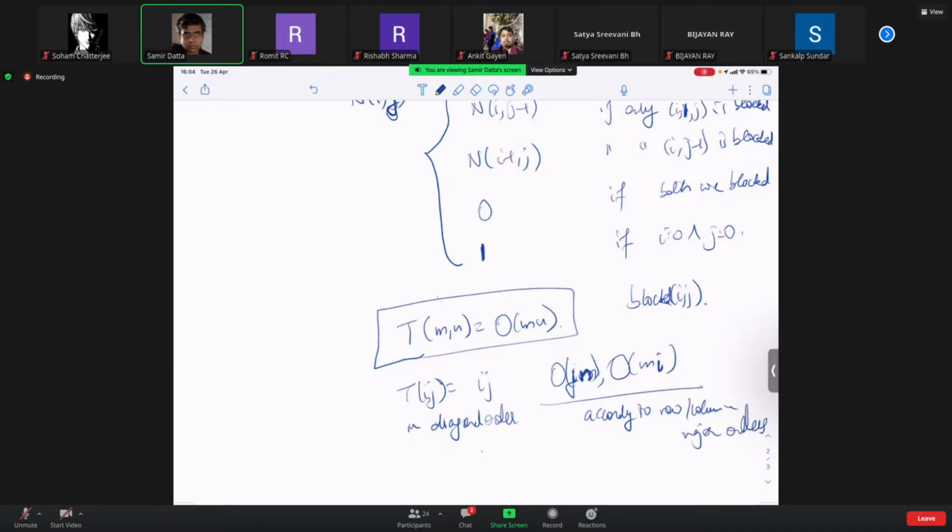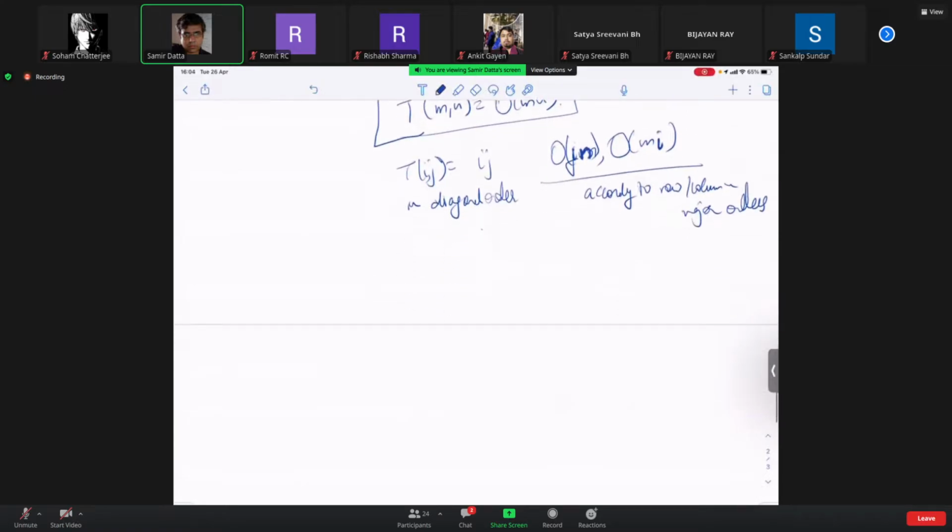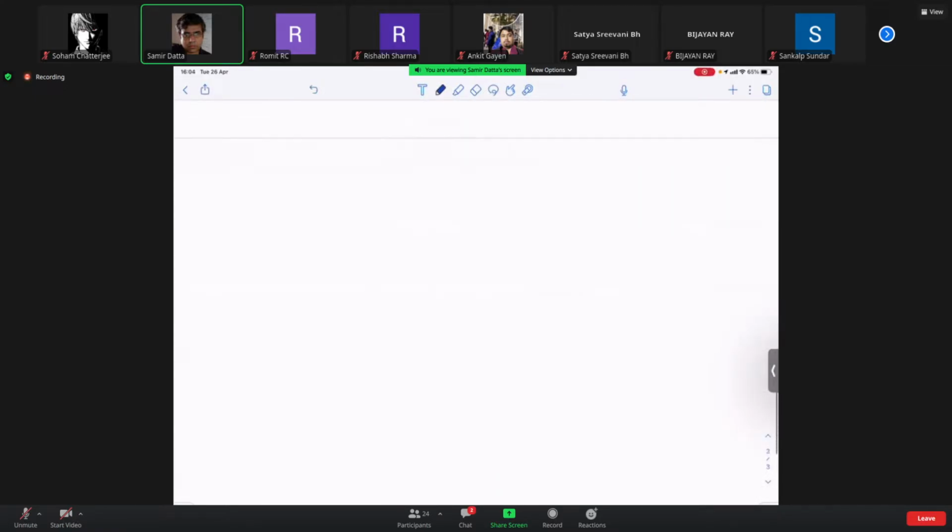Correct. Okay. So now the next problem that we are going to see is the longest common word in two strings. So what is a string?